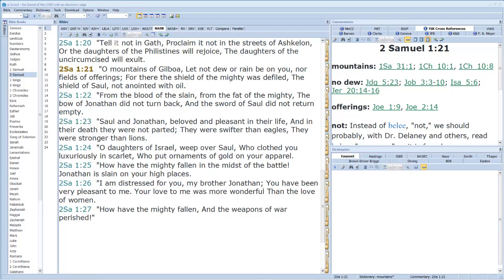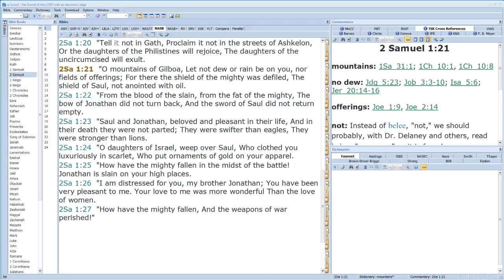The idea of the fat of the mighty is not that they're fat. The idea of the fat of the mighty is that fat represents the best. And that's one of the reasons why in the sacrifices, God always got the fat, because the fat represented the best of the animal. Sometimes people who are Sabbatarians will point out that God eats the fat because it's not good for people to eat the fat, but that's really not why.